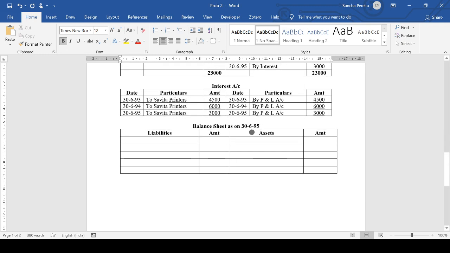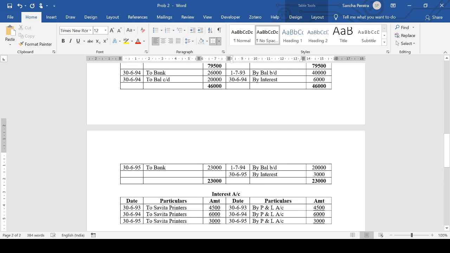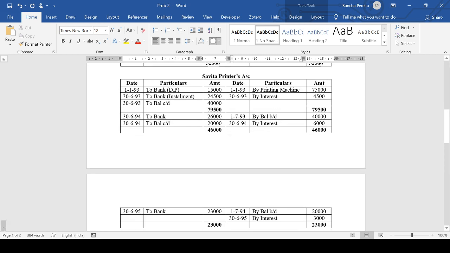Now 30th June 1995, if you are showing the machinery account, how do we show it? We need to show a value, less depreciation for that year. Now, we get all these figures from the machine account itself. What was the value of the machine at the beginning of that year? It's 52,500.